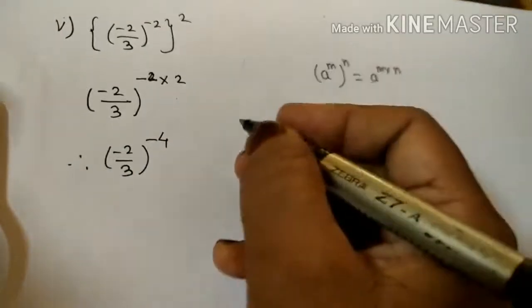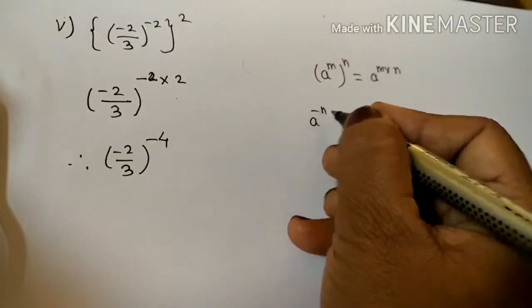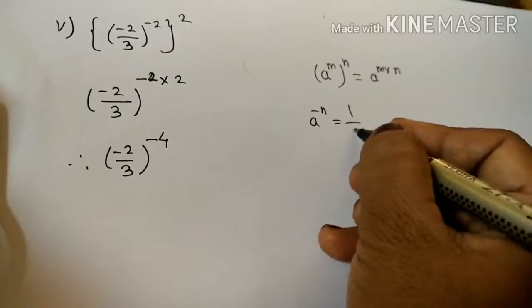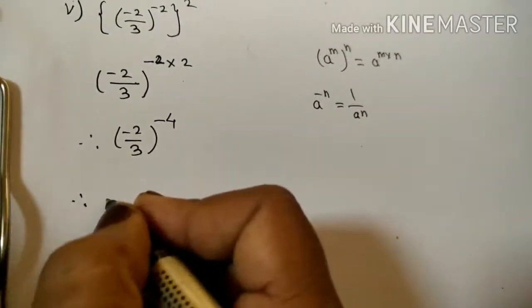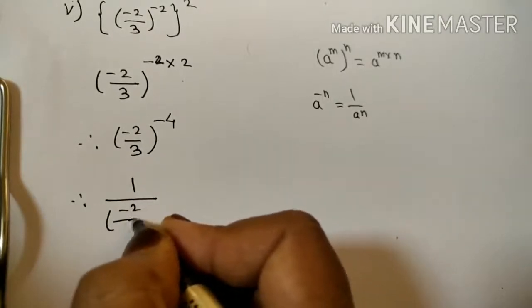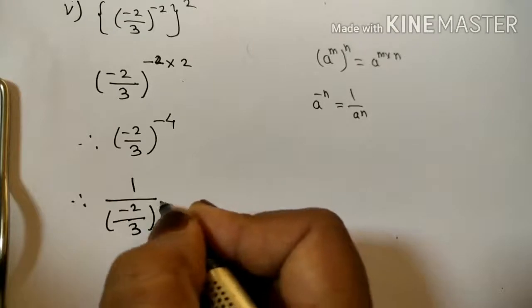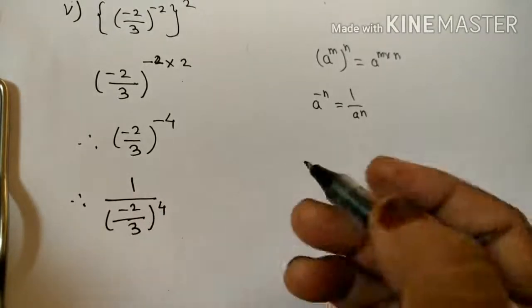Now next, here we'll use this law: a raised to minus n is equal to 1 divided by a raised to n. Therefore, 1 divided by minus 2 divided by 3 raised to 4. Now this part, in earlier problem also I taught this one.